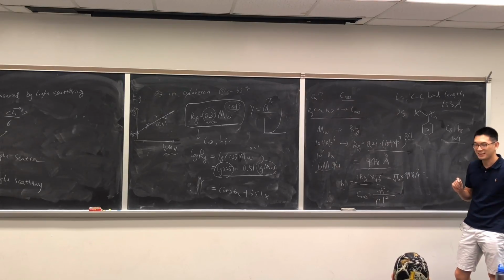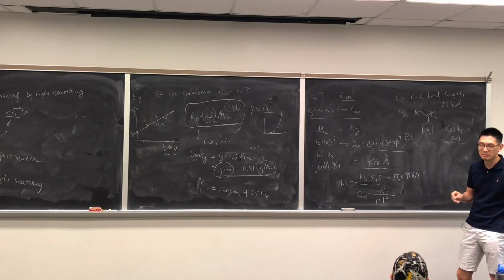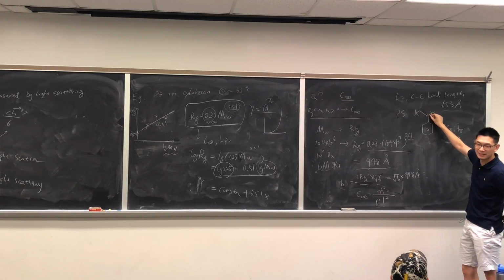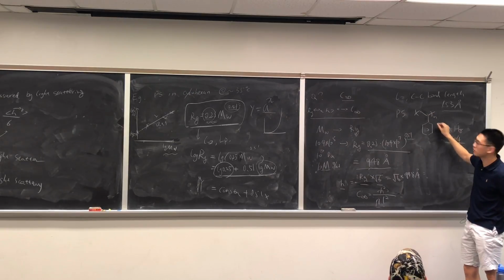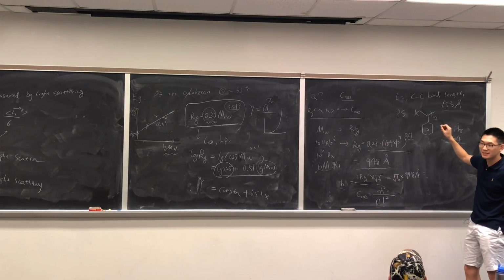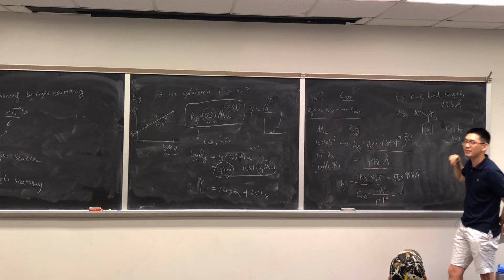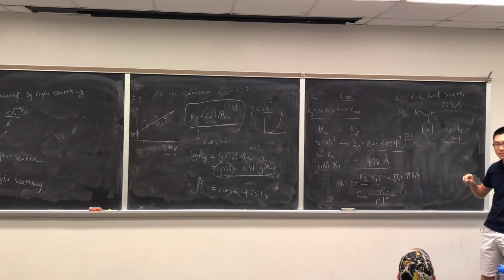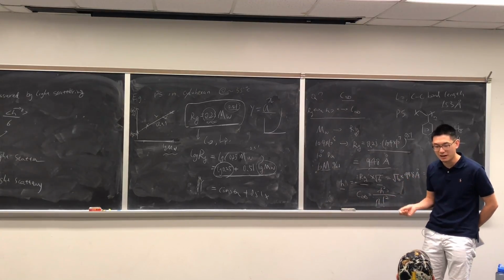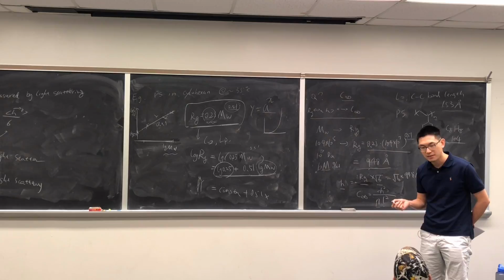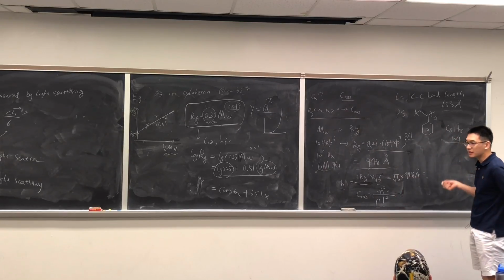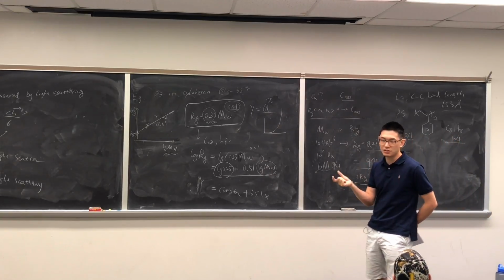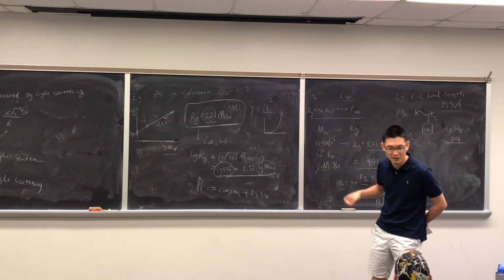And multiply by 2, because in each repeating unit there are 2 carbon-carbon bonds. They were talking about what number this N is. It is molecular weight divided by monomer molecular weight. So you can get the number of repeating units, and inside each repeating unit, there are 2 carbon-carbon bonds along the backbone, correct?